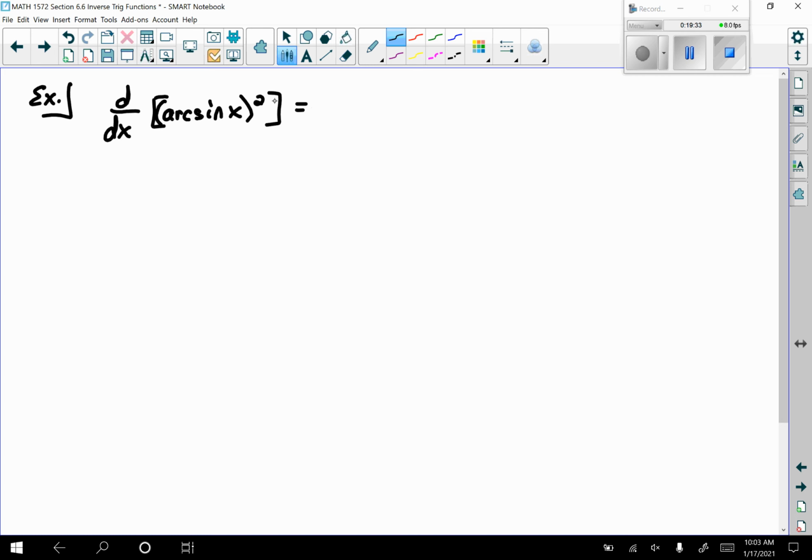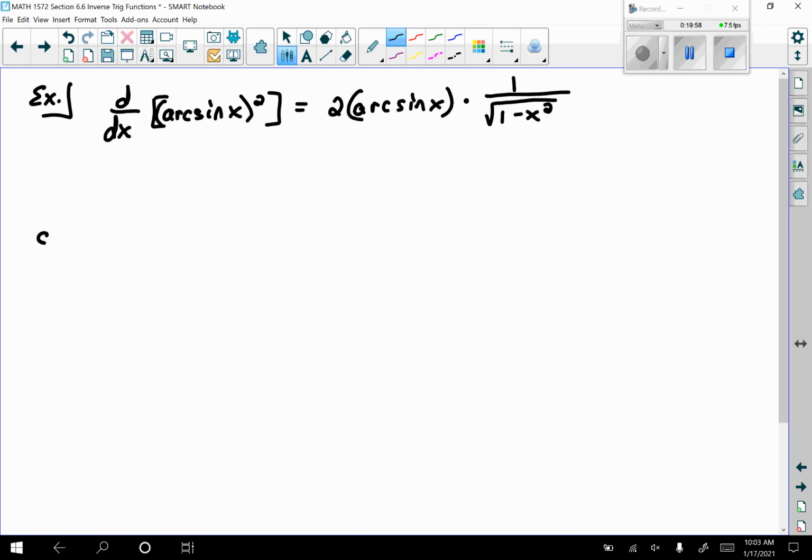All right, so first we need to apply the chain rule here. So this 2 is going to come down in front. So this becomes 2 times arc sine of x, really to the 2 minus 1, so it's to the first. Then times the derivative of the inside, so now this is our new rule, becomes 1 over the square root of 1 minus x squared.